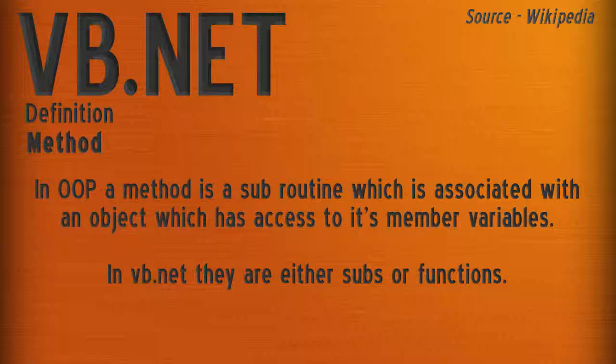So subroutine here is subroutine under Wikipedia's definition, which encompasses functions as well. So when I say subroutine here, that's what I mean. And then more specifically in VB.NET, they are either the VB sub or a standard function.